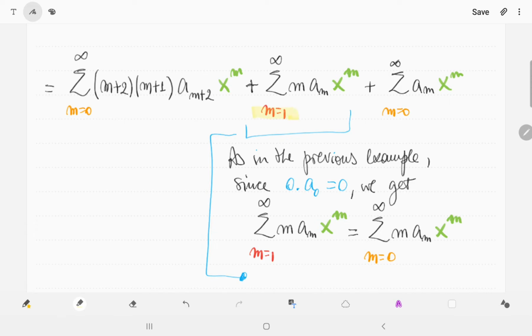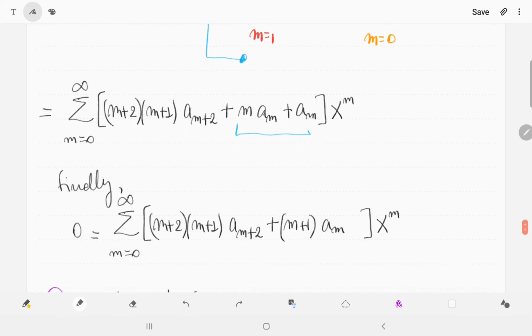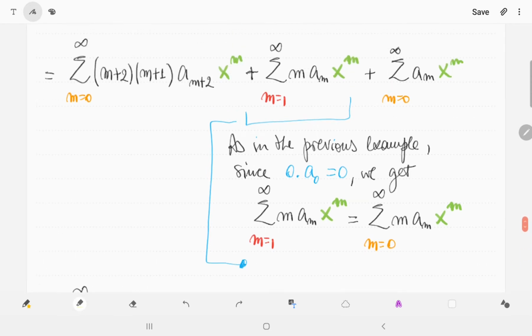And here is m equal to 1, but exactly as in the last example in the second part of the lecture, look at this m multiplying the coefficient a_m, and when we multiply by 0 it is exactly 0. So we can change this m equal 1 to m equal 0, and we will have exactly the same power series. That's what we did in the last example in the second part of the lecture.